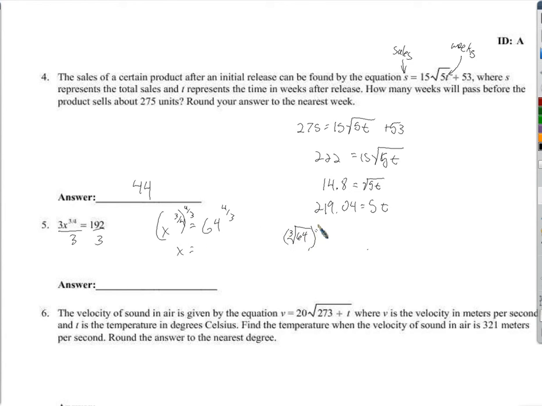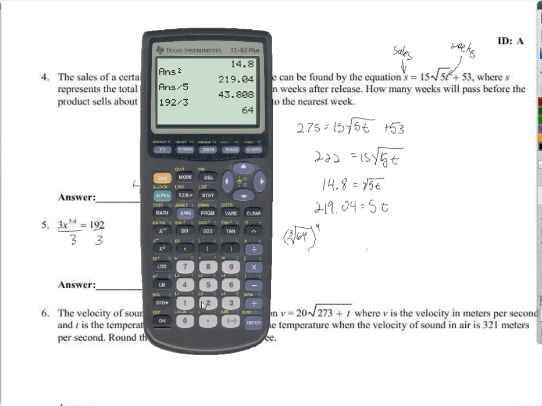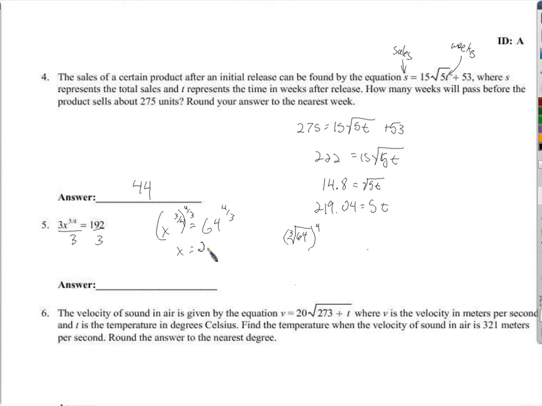Then we'll take that number to the 4th power. So the third root of 64 is 4. We'll raise that to the 4th power. I feel like it's 256. So that'd be 64 times another 4, really. 256. So X is 256.